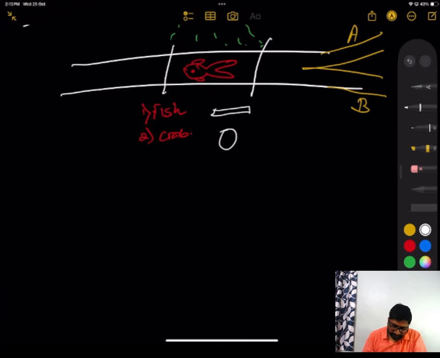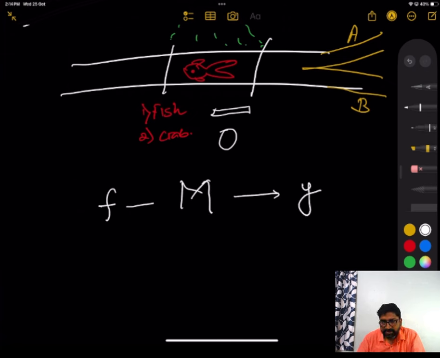So, given a feature f, we are designing a model M to predict whether it is a fish or a crab, or a 0 or 1 class.